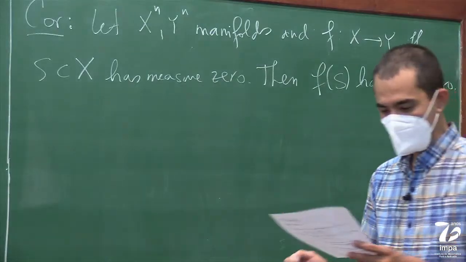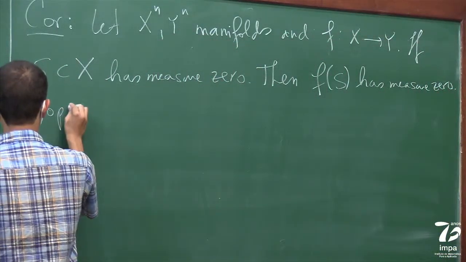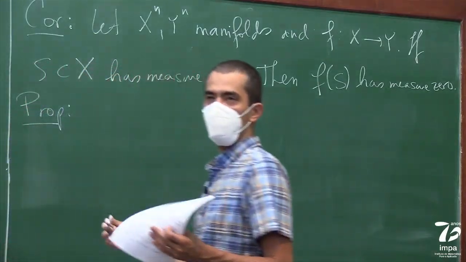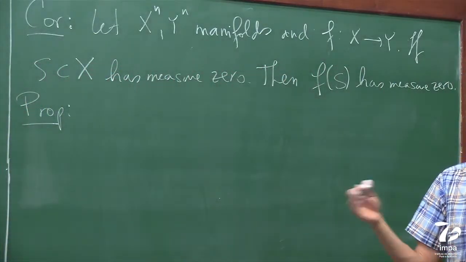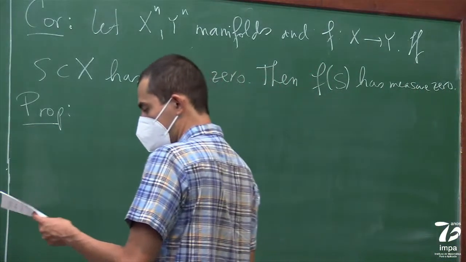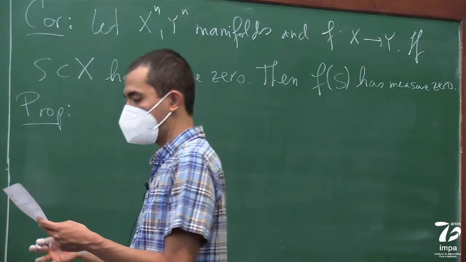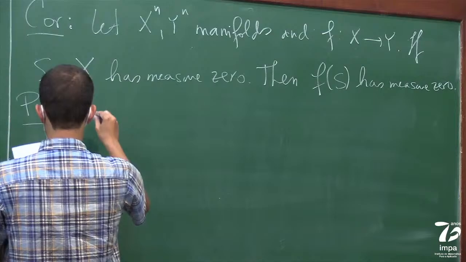Okay. So now there's a more interesting proposition that does require proof. The goal now is to actually talk about functions that go from one manifold to another of not necessarily the same dimension. So before stating Sard's theorem, which we'll talk about, let's just do an easy proposition.